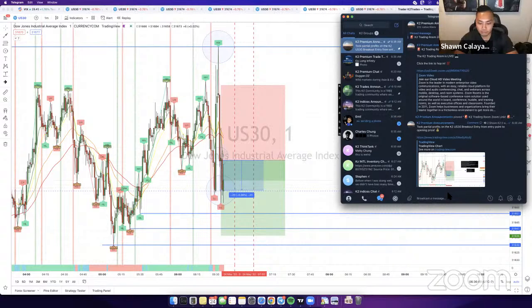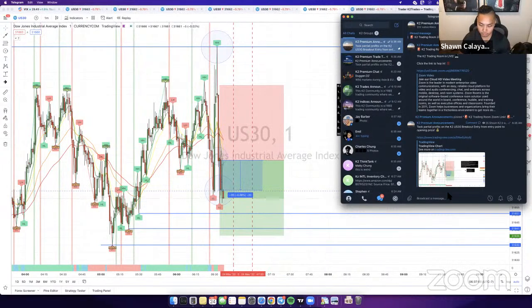Just so that you guys understand, where did I exit from? Because I know a lot of you guys are going to ask, why did I take partial profit? Why is it not the full 5,000? Because I entered at entry point and I pulled out at the opening price.